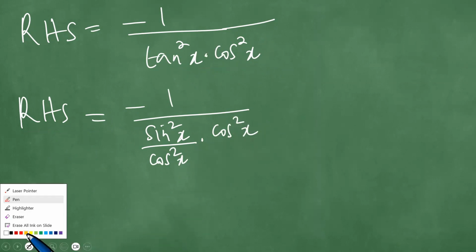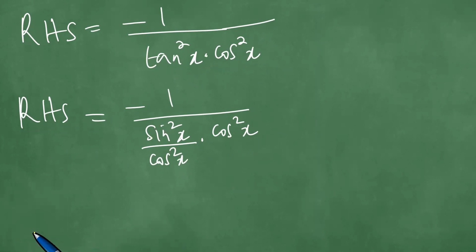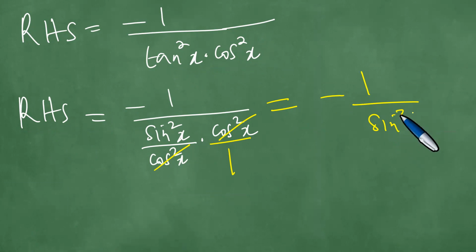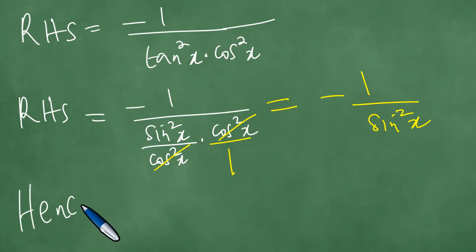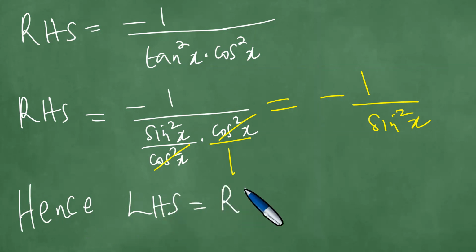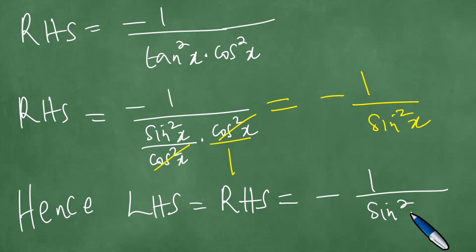It is very clear that this is out of 1, and this cancels out, and we are left with -1 over sine squared x. So hence the conclusion is the left-hand side is the right-hand side, which is -1 over the sine squared of x.